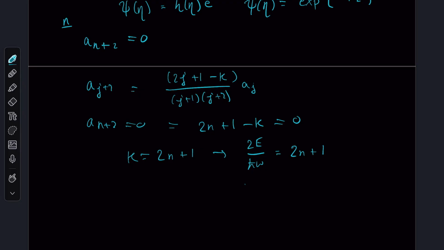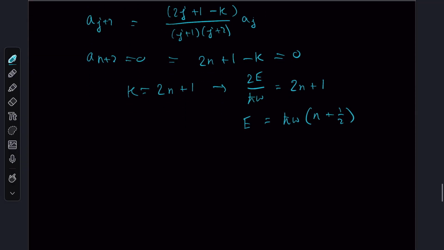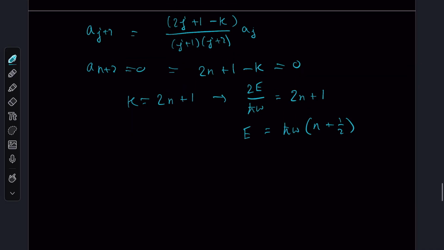So if we solve for the energy, we have h bar omega times n plus 1/2, which is precisely our energy levels for the harmonic oscillator. And we've recovered the same exact solution from an entirely different method. So that's pretty cool.